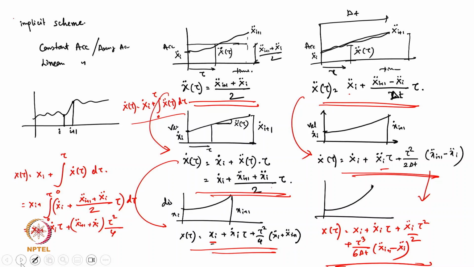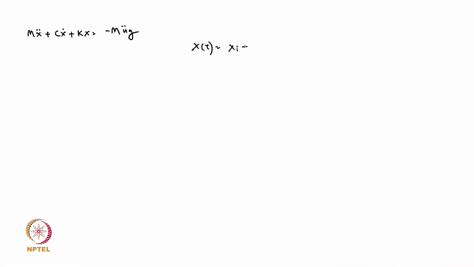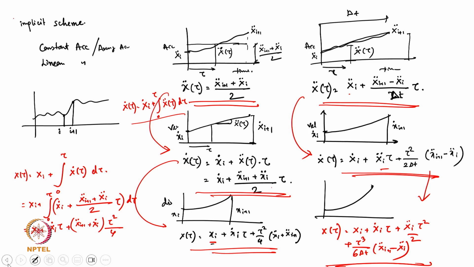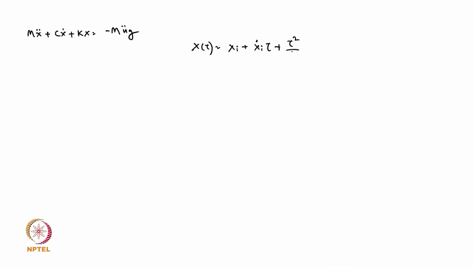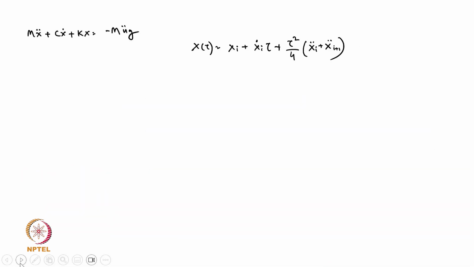Yes, just a minute. Okay, suppose I write x of tau as xi plus xi dot tau plus tau square by 4, okay, so that one is the solution.